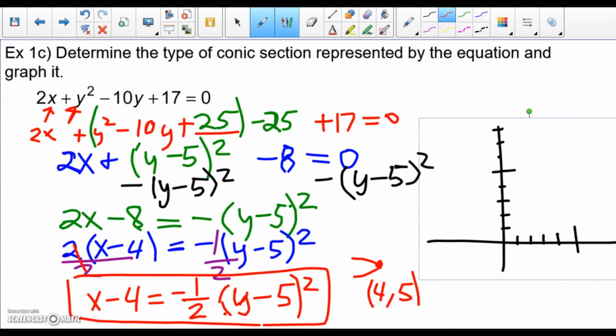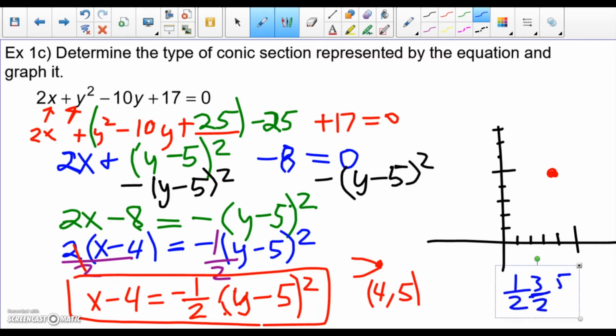It has a vertex at 4, 5. So 4, 5 is about right there. And then it's really hard to use your 1, 3, 5 pattern because there's a 1/2 in there. If you think about your 1, 3, 5 pattern, you'd have to cut it in half. So that's kind of hard to graph, but we can try.